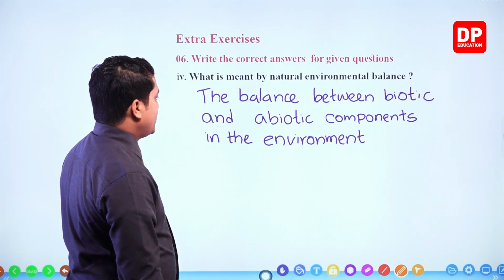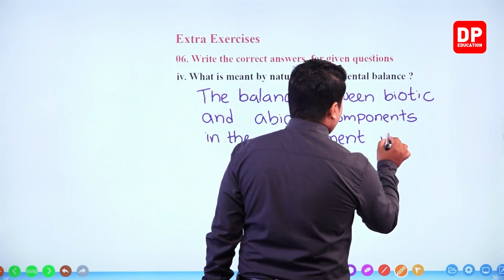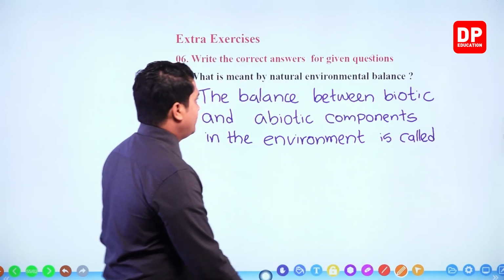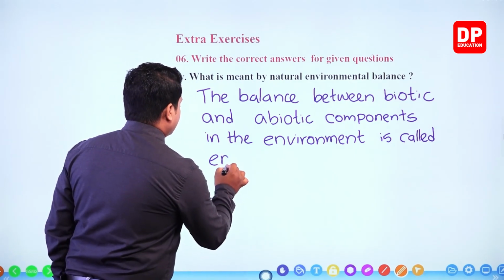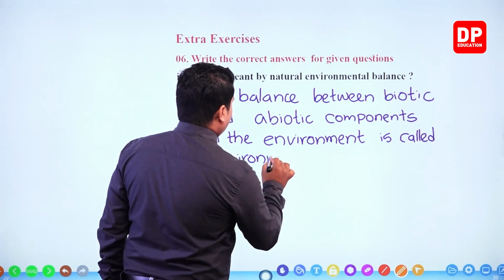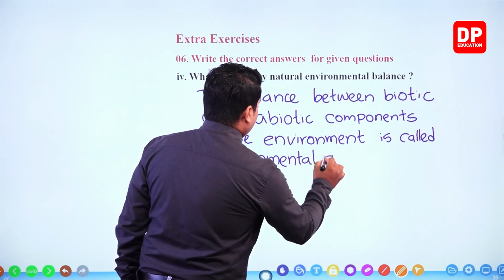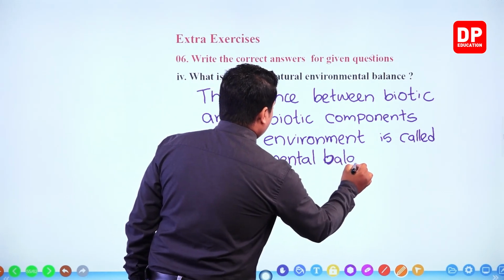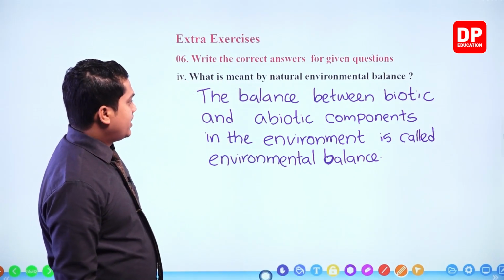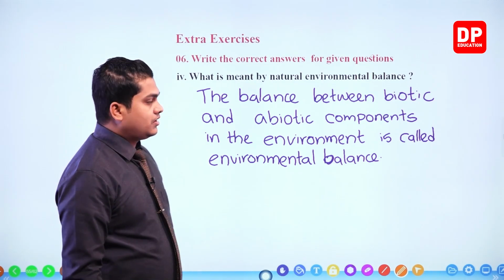The balance between biotic and abiotic components in the environment is called environmental balance. Right? The balance between biotic and abiotic components in the environment is called environmental balance.